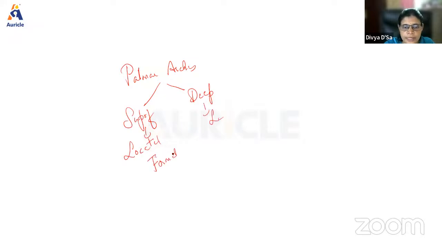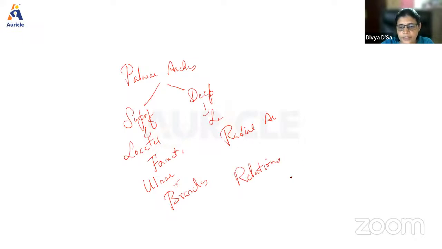Here mainly it is the ulnar artery, and here mainly it is the radial artery. You should write the contributing arteries from the radial. Then you write about its branches, and then you write about the relations and applied aspects.